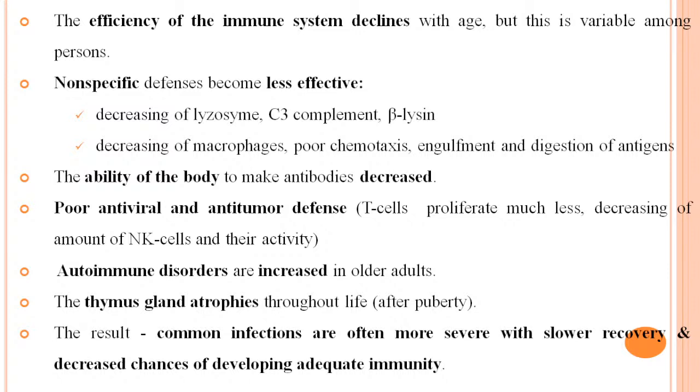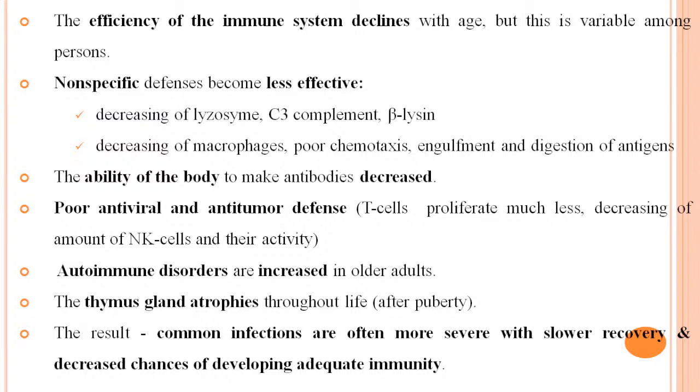What happens? Non-specific defense during age becomes less effective due to decreasing of lysozyme, C3 complement and beta-lysine, and decreasing of macrophages, poor chemotaxis of these macrophages, and poor engulfment and digestion of antigens.